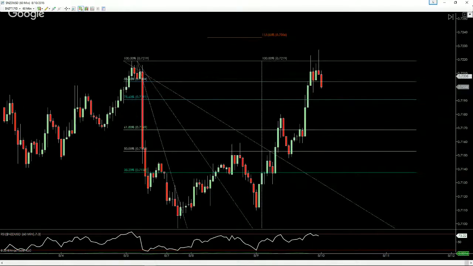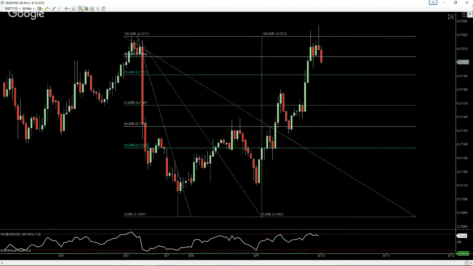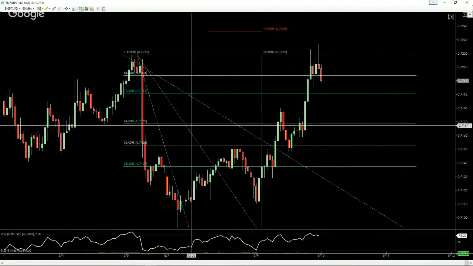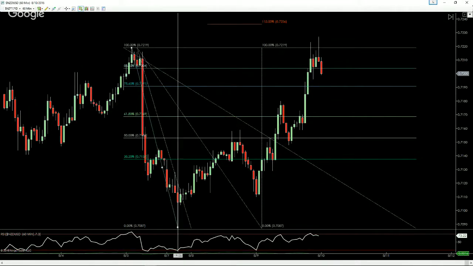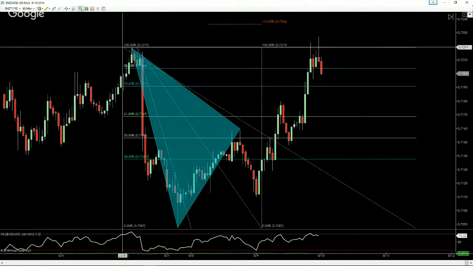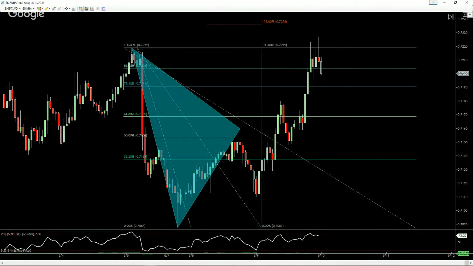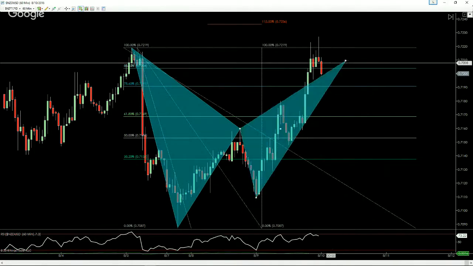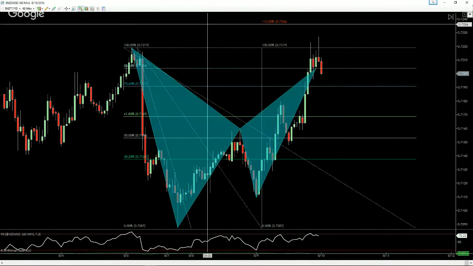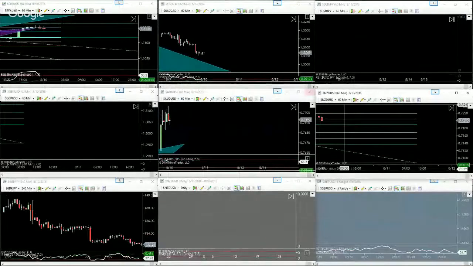So if you took advantage of this one, the stop shouldn't have been hit. The trade did go against you for about 23 pips. If you are wanting to take advantage of this now, this is actually an invalid pattern because it did cross or violate our X level right there. But this is how it looked. And still waiting for that to reach targets.